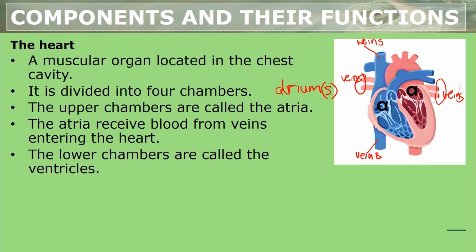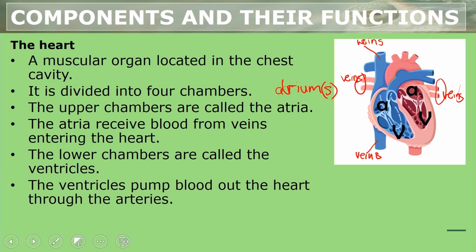Now the lower chambers here at the bottom, those are called the ventricles. For singular, it's one ventricle, and then we have 2 ventricles. The ventricles are responsible for pumping blood out of the heart through arteries. We have a set of arteries.